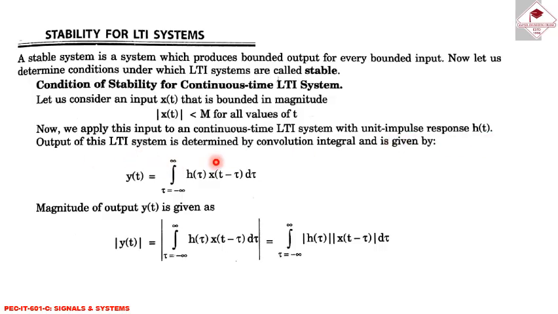The output of this LTI system is determined by the convolution integral, and it is given by y(t) equals the integral from tau equals minus infinity to plus infinity of h(tau) x(t minus tau) d tau. The magnitude of output y(t) is given as the magnitude of y(t) equals the magnitude of that integral, which is less than or equal to the integral of the magnitude of h(tau) times the magnitude of x(t minus tau) d tau.